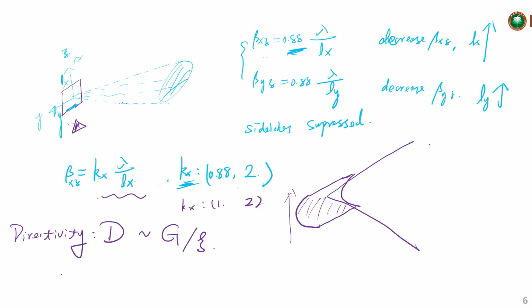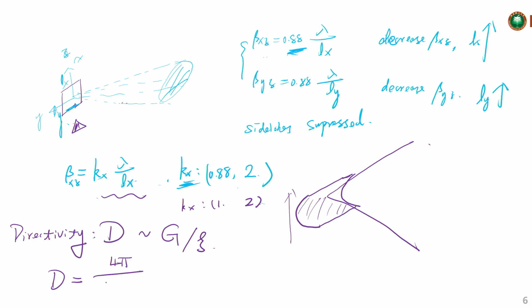So D is related to 4 pi divided by the azimuth angle times the elevation angle.